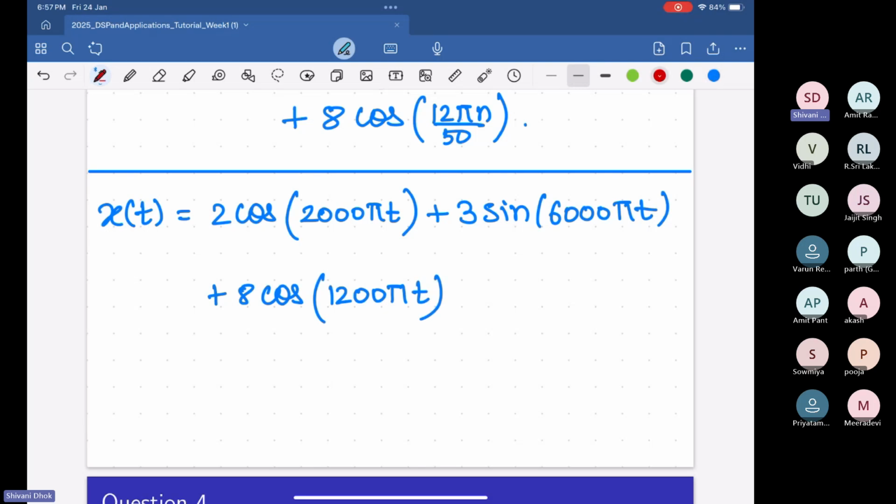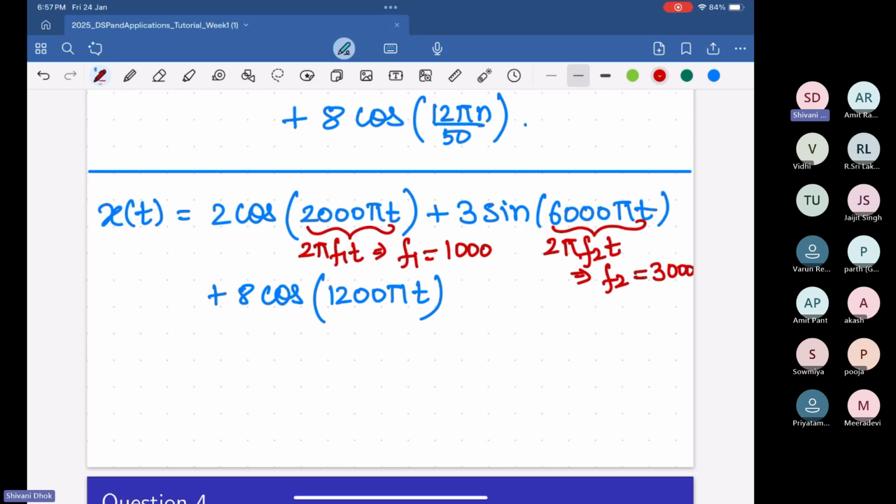Here, this is basically 2 pi f1 t, which means that the frequency of this sinusoid is f1 equal to 1000. Similarly, for this one it is 2 pi f2 t, which means f2 is equal to 3000. And here again it is 2 pi f3 t, which means f3 is equal to 600.